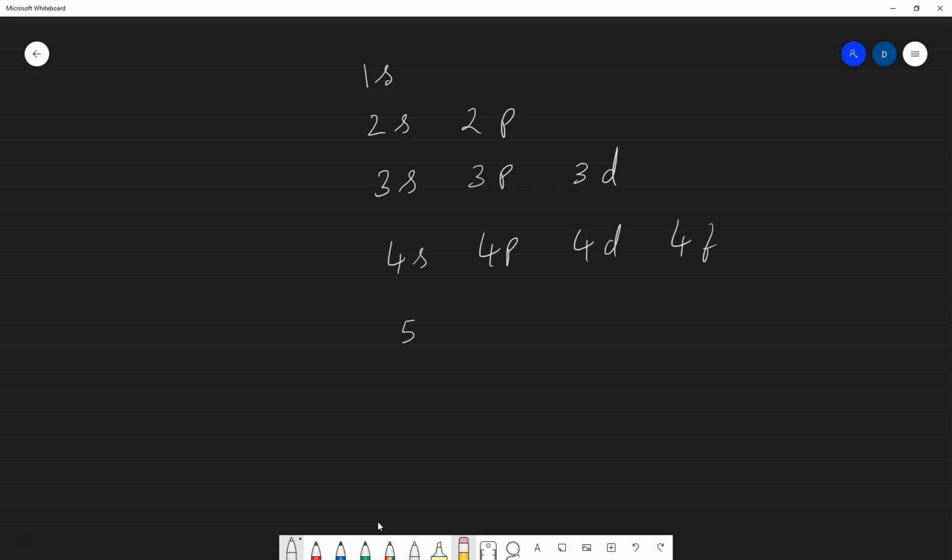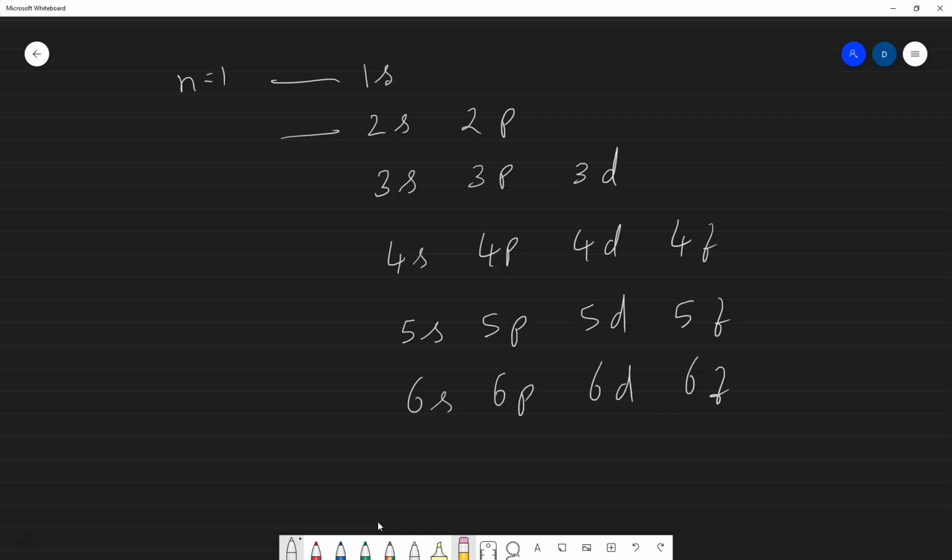Then you got 5s, 5p, 5d, 5f, 6s, 6p, 6d and 6f. This is shell number 1, shell number 2, shell number 3, shell number 4, shell number 5 and shell number 6.